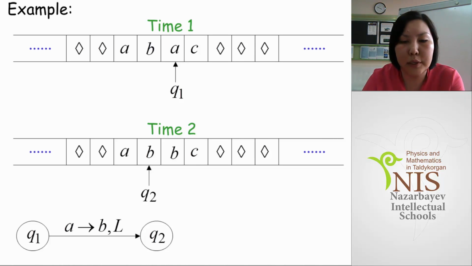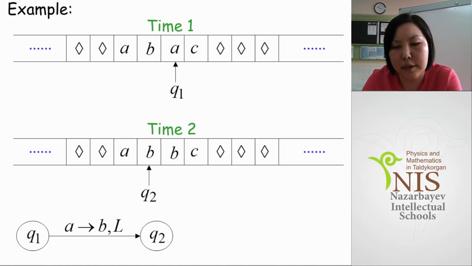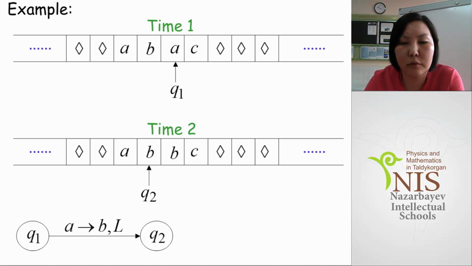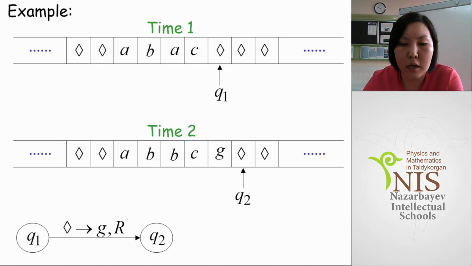What if we write the letter R instead of the letter L? It will go to the left and change the state also. Another action with blank cells: if the head reads a blank cell in state Q1, it has to write the letter G, move to the right, and change the state to Q2.